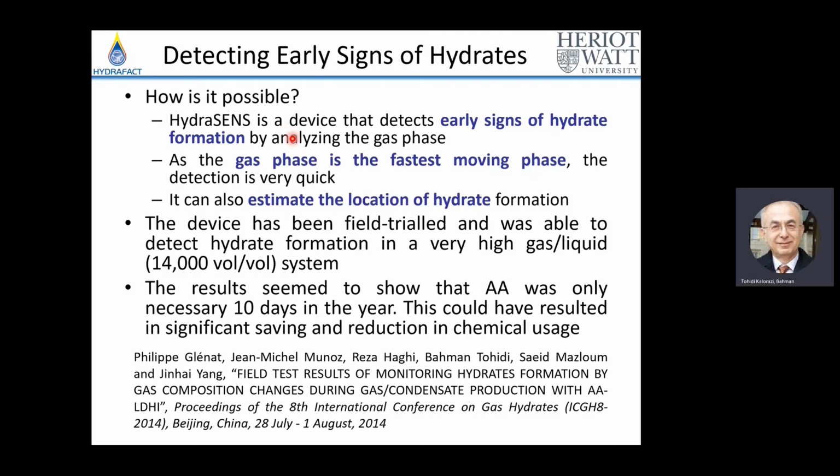For example, if the system is a structure 2 system, then IC4 and propane will be depleted from the gas phase. And because the gas phase is the fastest moving phase, detection is very quick.